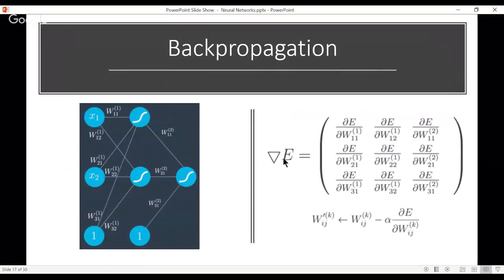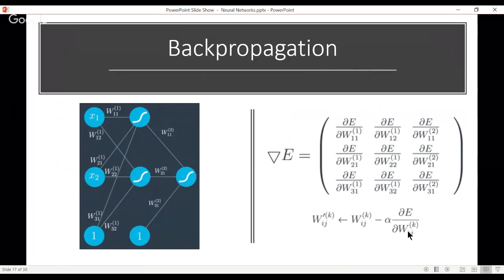So once you have computed all the derivatives of the error function with respect to each weight, as you can see here, you can use each of those gradients, these are called gradients, to update your individual weights. Say, for example, this is your error function and this is some weight, say W11.